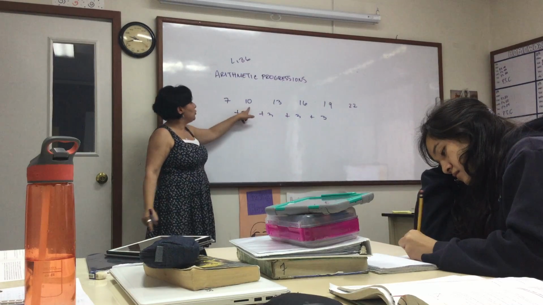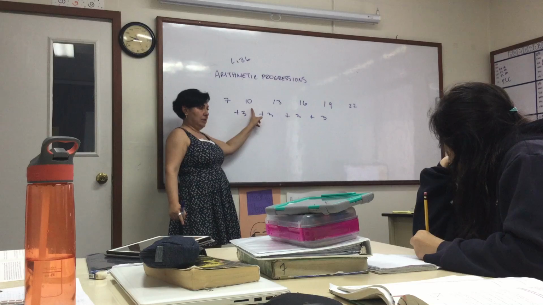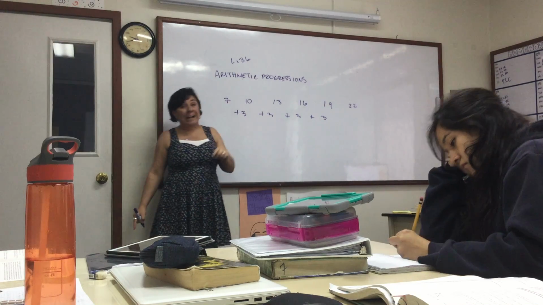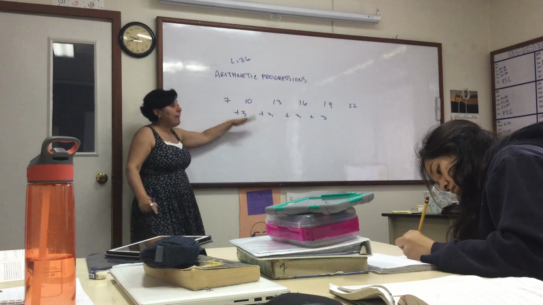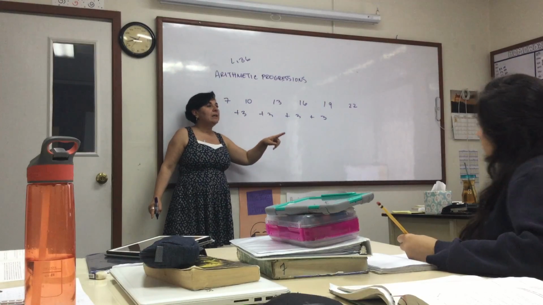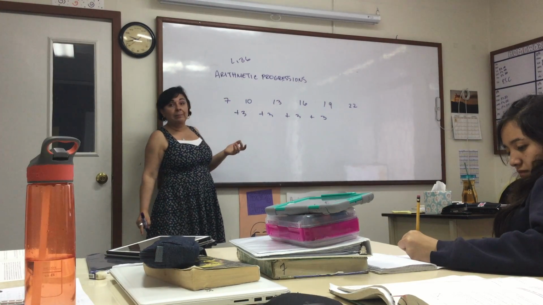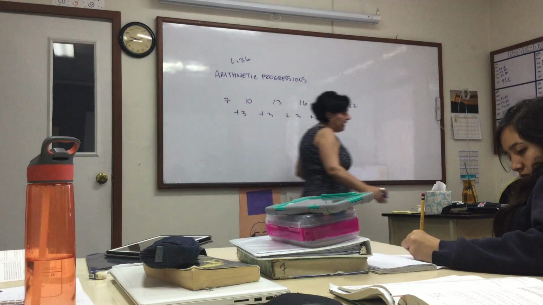Because this one depends on this one plus 3, and this one depends on this one plus 3, it is also not just a sequence, but an arithmetic sequence. Because it depends on the one before, and because it has a common difference. What is that common difference? The plus 3 that you add to each and every one, okay?